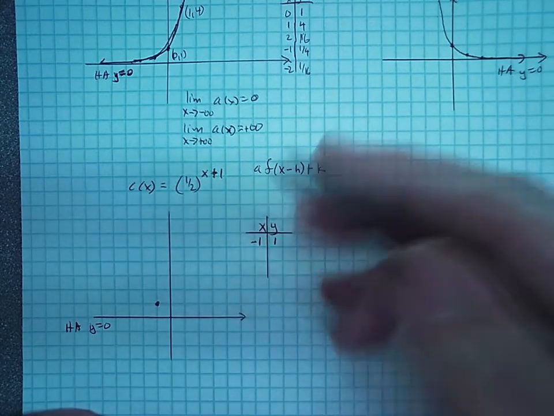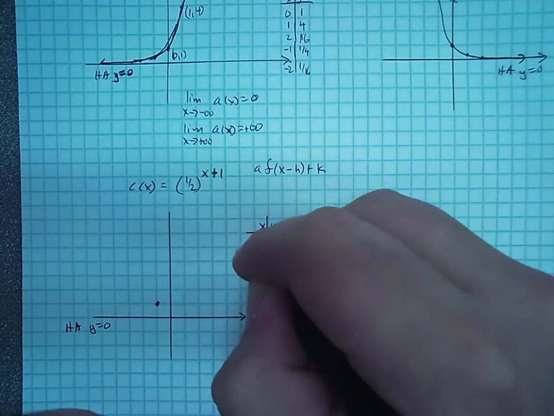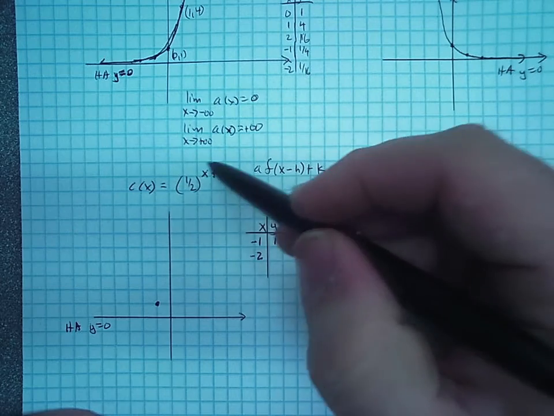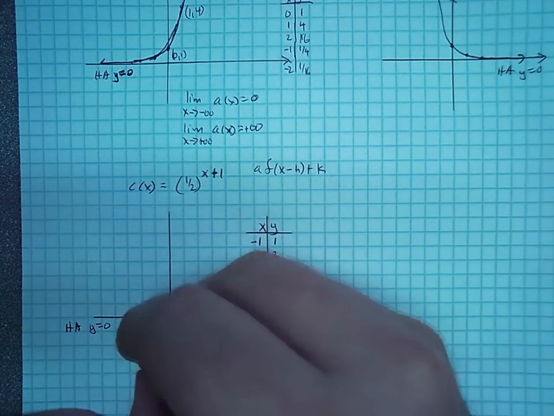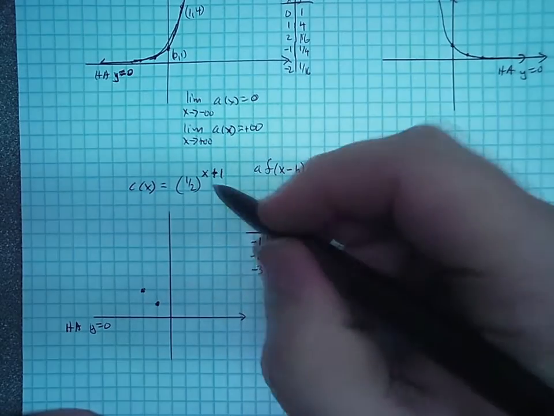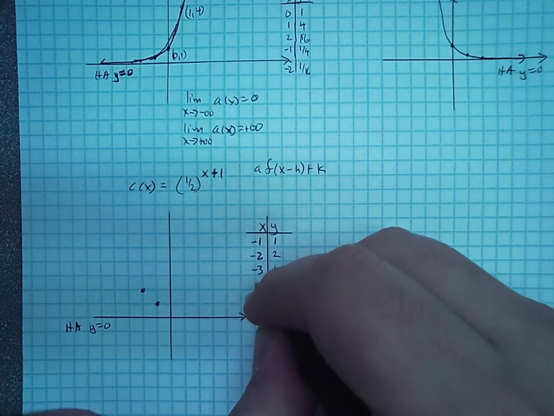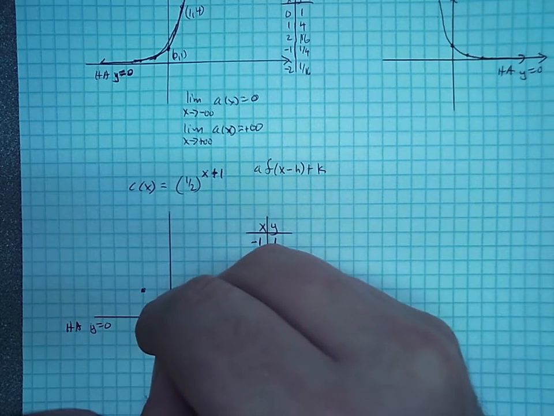Now I'm going to stick in points nearby. Since this is 1/2, -2 is not a bad pick. That'll give me an exponent of -1, which means my answer will be 2. I can stick in -3, and I'll get 4. I can also stick in 0, and I will get 1/2.